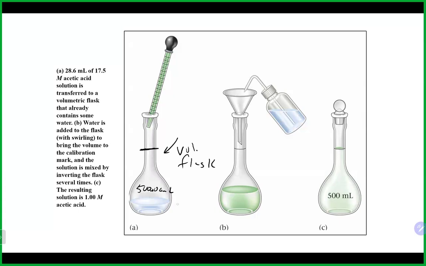You put a little bit of water in there, you put a little bit of your more concentrated solution in there, and then you fill it up with some water. Give it a mix, and then you will have a more diluted solution. As you see, it's a little lighter green in color than the original, more concentrated solution is.